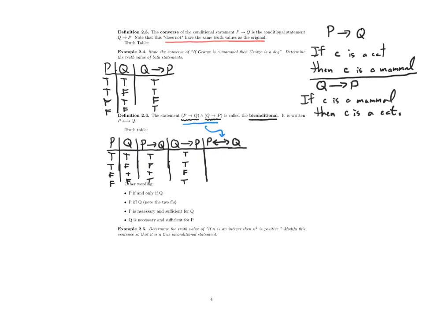So we look here. P implies Q is true and Q implies P is true when both P and Q are true, so it's true here. It's true when both P and Q are false here. And it's false in the other two situations, when one is true and one is false.